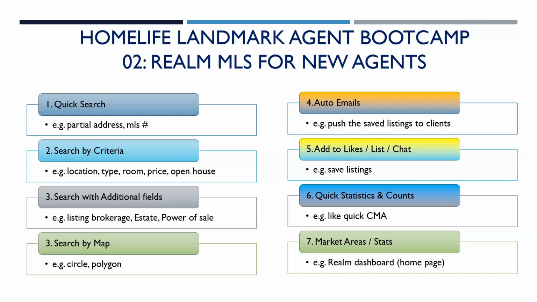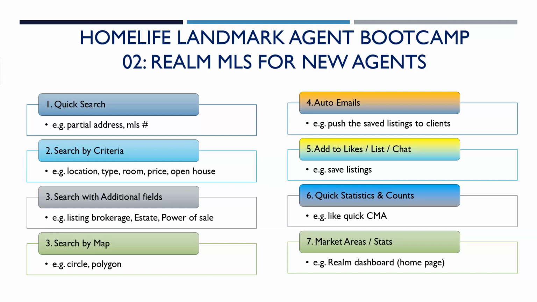Then you can do something like the quick CMA in Matrix, which they call quick stat and counts here in RUM. I used Matrix before, but since RUM has better functionality on the mobile side, and I work outside most of the time, I use the RUM One app and it basically covers everything, from showing to the registry information.